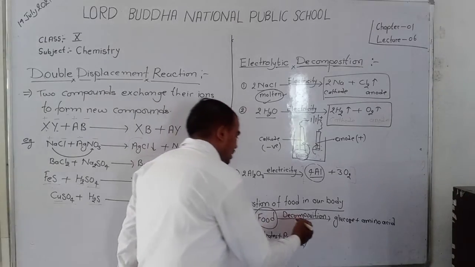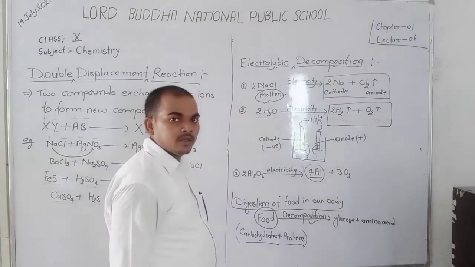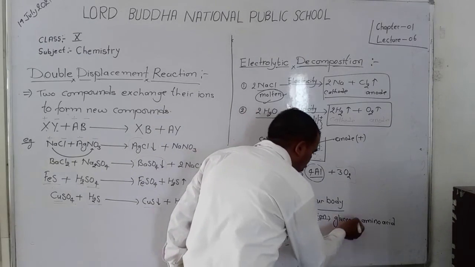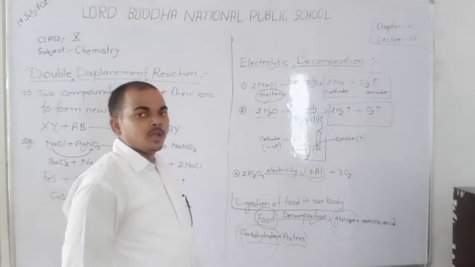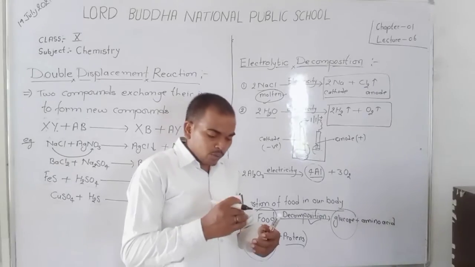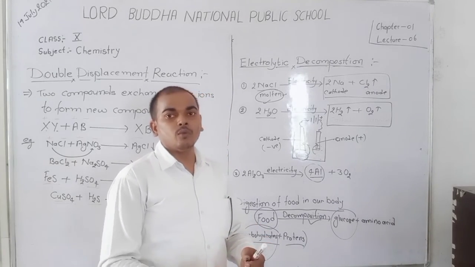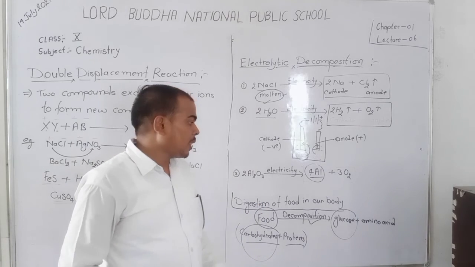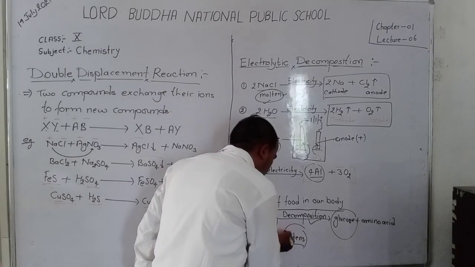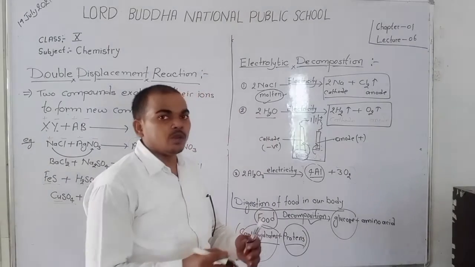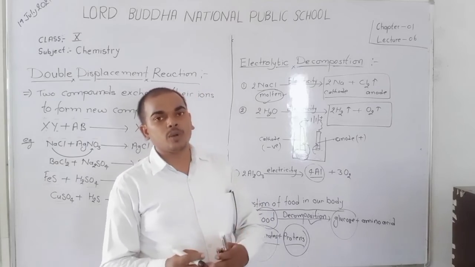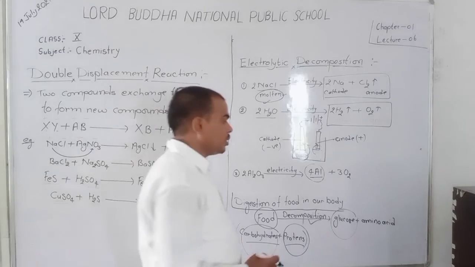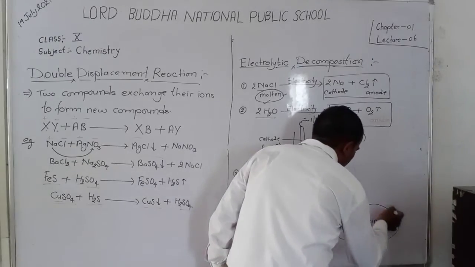When decomposition takes place in our body, carbohydrate converts into glucose, and glucose converts into carbon dioxide, water vapors, and gives energy to our body. Okay, and for proteins, the monomeric unit, the smaller unit of protein, is amino acid. So protein breaks into amino acids.